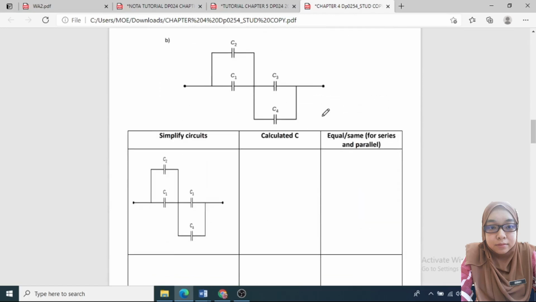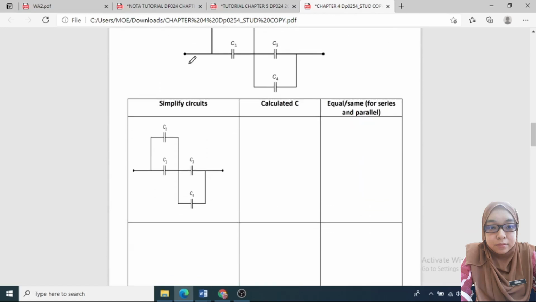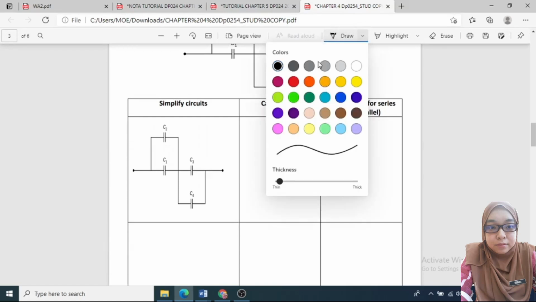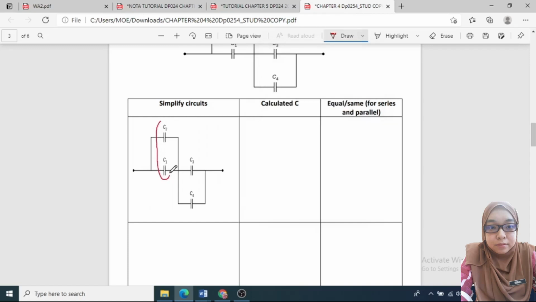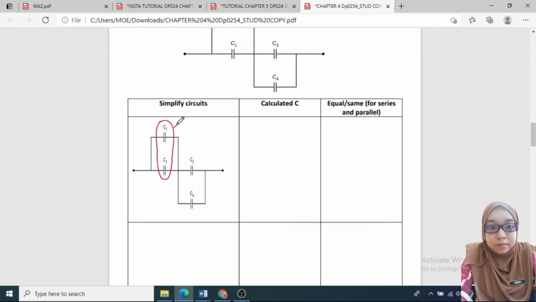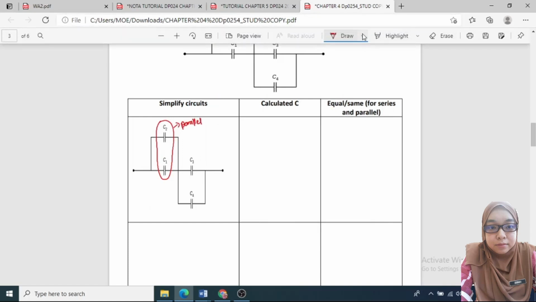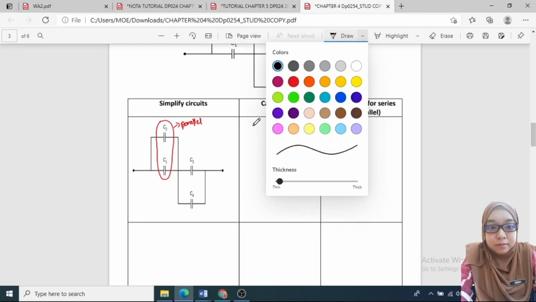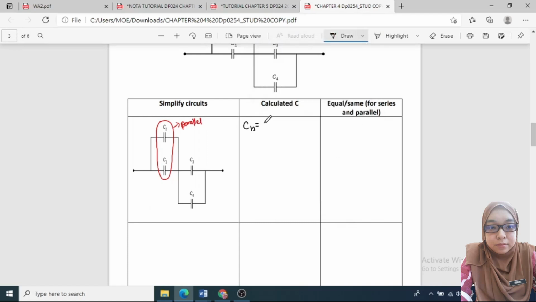Okay, next question B. So for question B, we will combine C1 and C2 first. And then this is parallel. So C12 is equal to C1 plus C2. C1 is 1 pico plus 2 pico is equal to 3 picofarad.